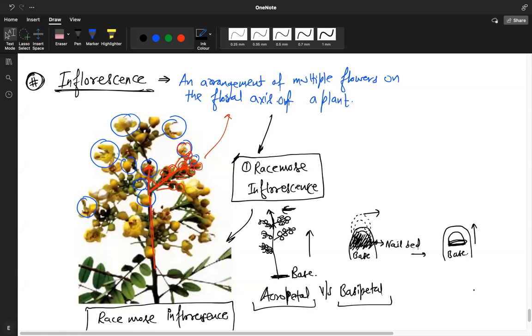Yes, sir. So in racemose inflorescence, the growth of the flower is acropetal. So flowers are born laterally in an acropetal succession.